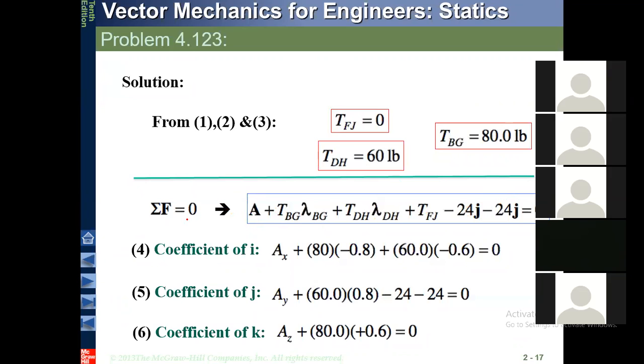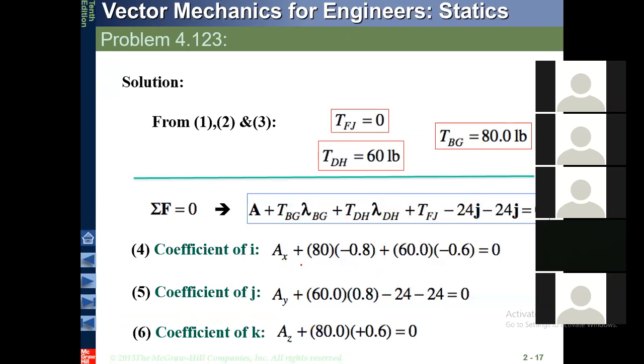If you denote each force by its vector representation, for example, the force in cable BG would be the magnitude of that force, T of BG, times the unit vector, then you're going to have three equations, and each of the components should equal 0.